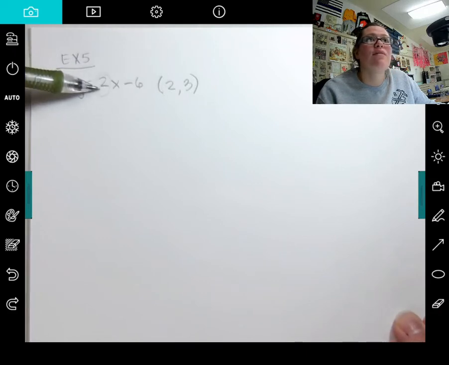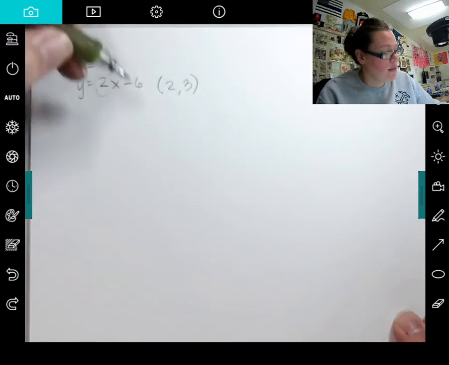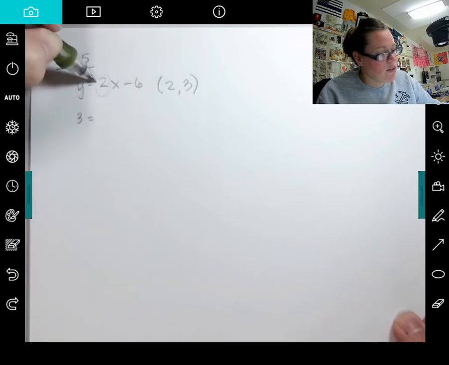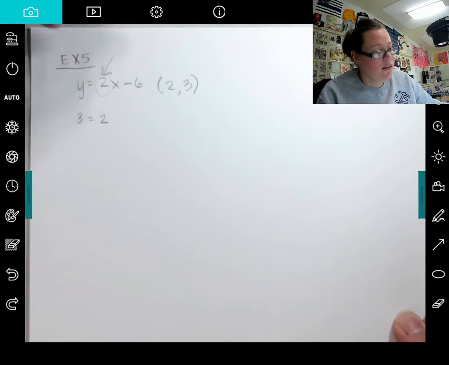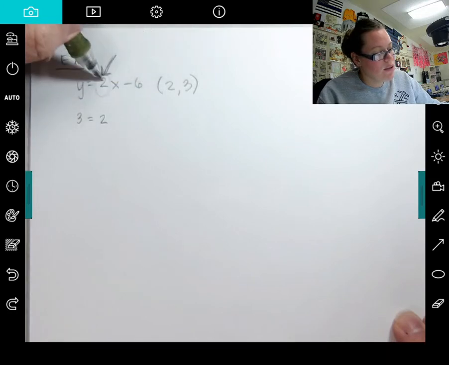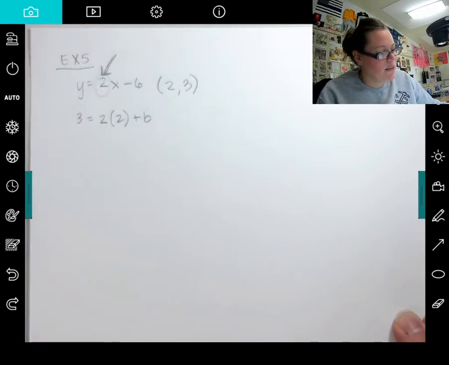So we have the slope and we have an x and a y. So we take our y value, 3 equals, slope is 2. It's just the same slope that they gave us. Parallel line has the same slope. So 2 times our x value, our slope is 2, our x value would be 2, plus b.